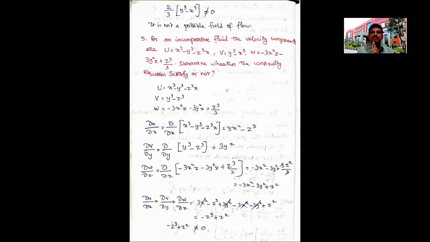Then do the partial differentiation of the velocity components and sum up everything. Finally, if the sum is 0, it is a possible field of flow; otherwise it is not a possible field of flow, the continuity equation is not satisfied.